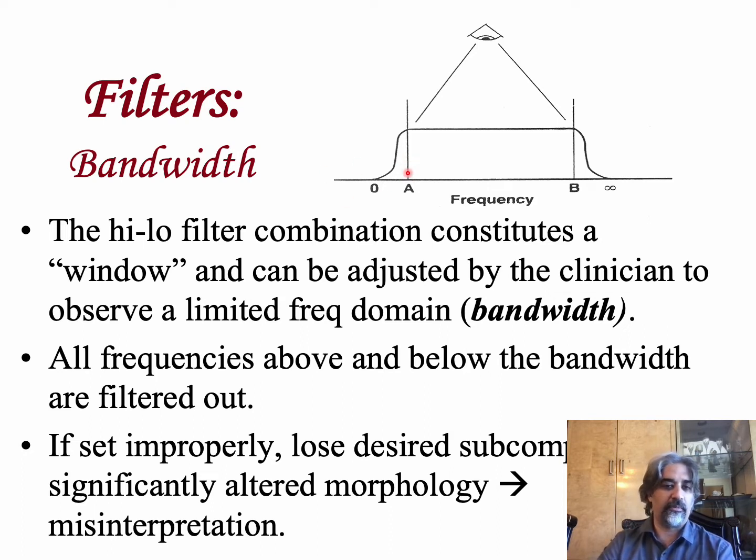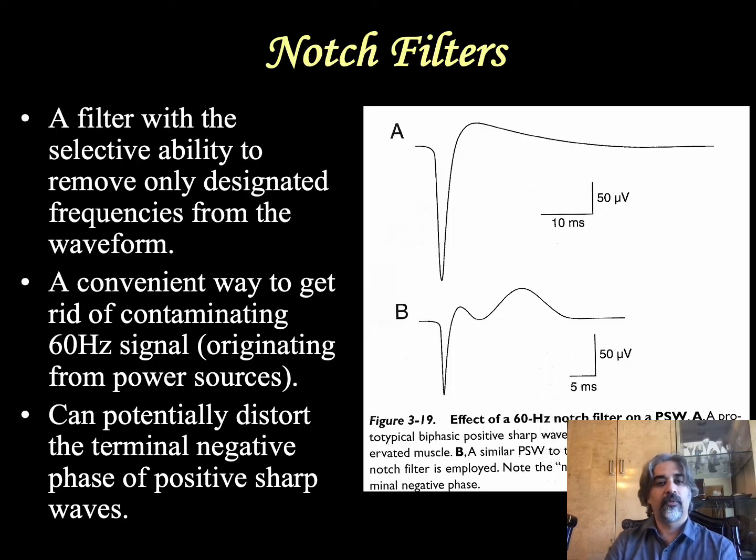Then everything from here and down will be filtered out. What that leaves you is everything in between, and that is what we call the bandwidth. As we said, as you filter stuff out, it's going to affect your SNAP and your CMAP, and we'll talk about that in a moment. Notch filters are specifically used to remove the 60 cycle sine wave that comes from the electricity in all of our AC outlets.